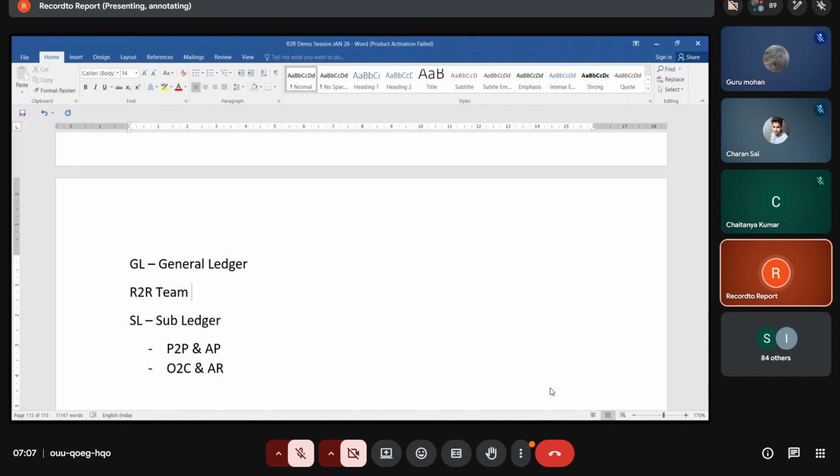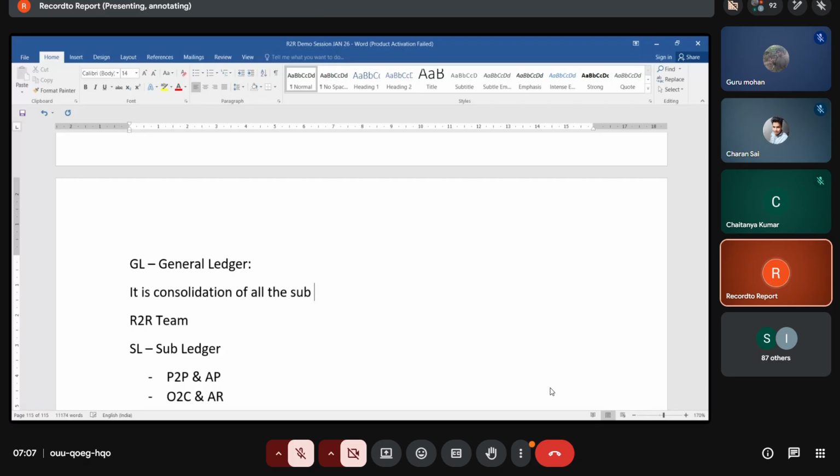Let's understand this, because if you want to perform any transaction, a very important thing is to understand what is general ledger and sub ledger. General ledger is nothing but a consolidation of all the sub ledgers.